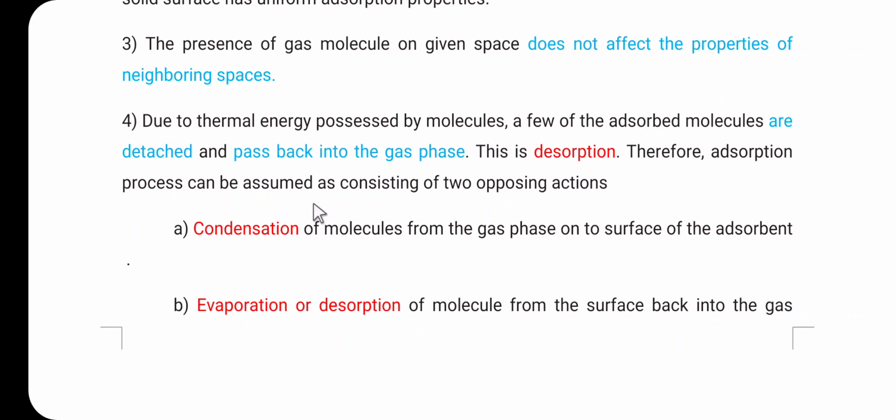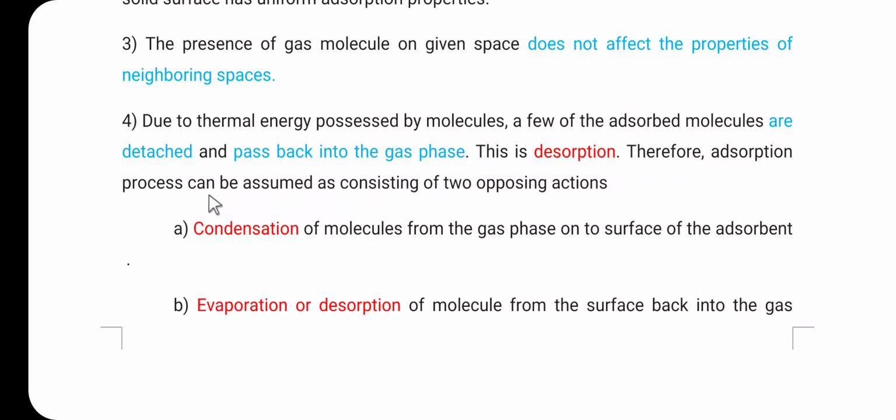The fourth and very important assumption: due to the thermal energy possessed by the molecules, a few of the adsorbed molecules are detached and pass back into the gas phase, and this is called desorption. All of you know that desorption is the reverse of adsorption.